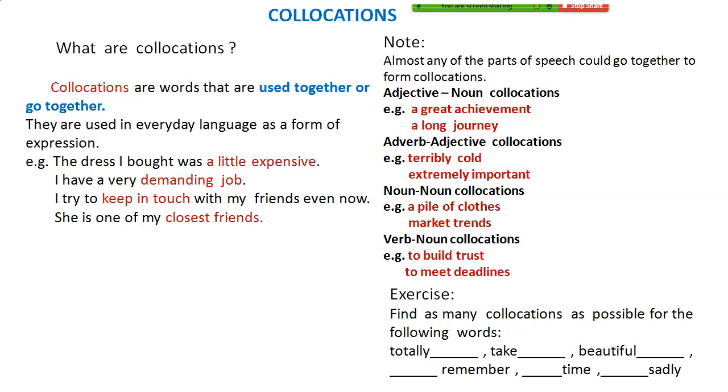Or take, for example, the expression to meet deadlines. Here, to meet is a verb, while deadlines is a noun. There are many other kinds of combinations that can be used to form collocations.